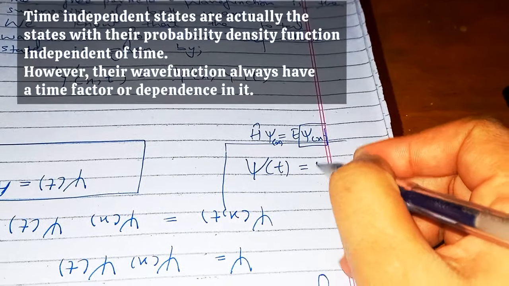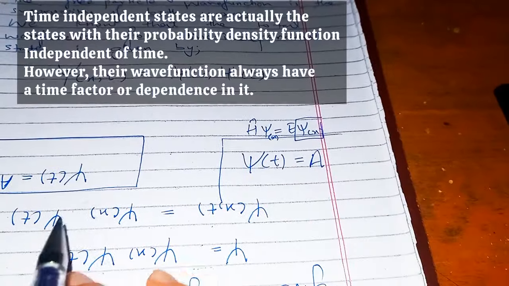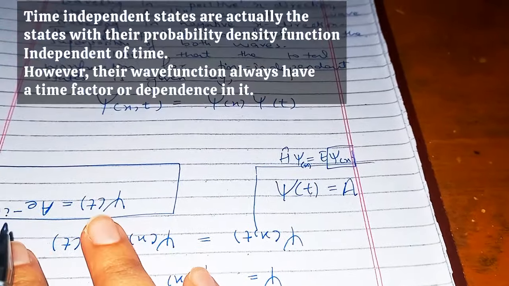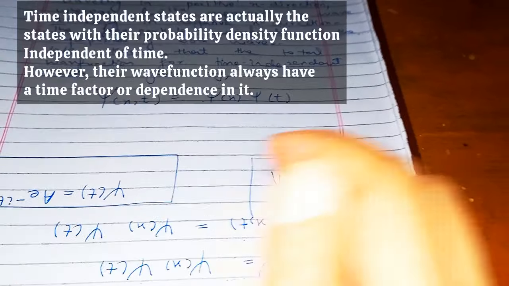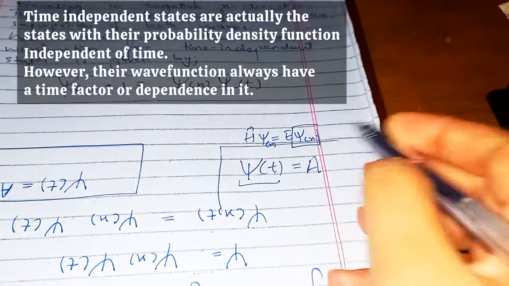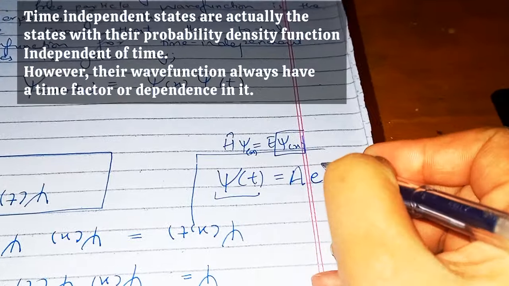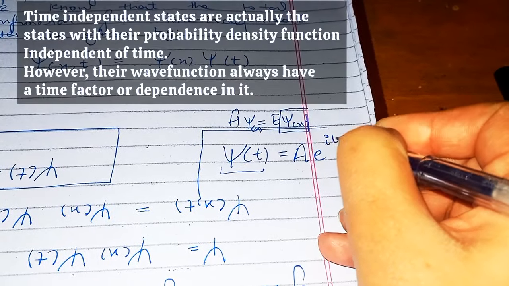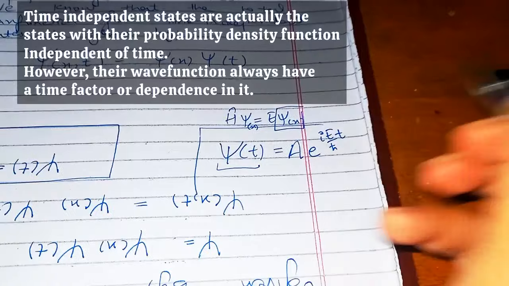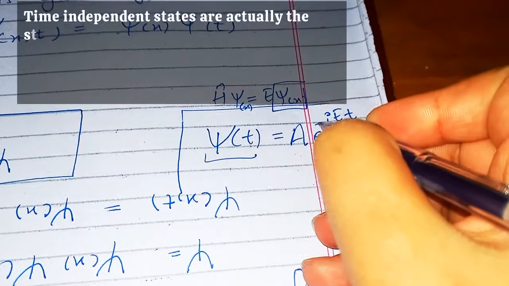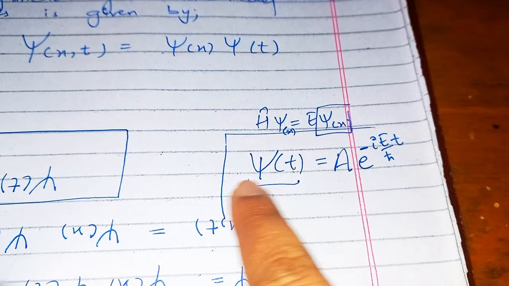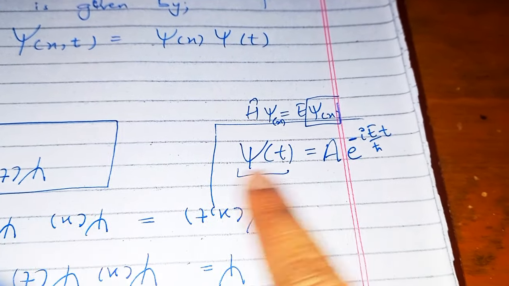You don't need to derive it every time. That's something that is true everywhere. Whenever you are considering the time independent Schrödinger equation, the time dependent wave function will always stay the same no matter what. It equals A e to the power minus iota E by h cut t.